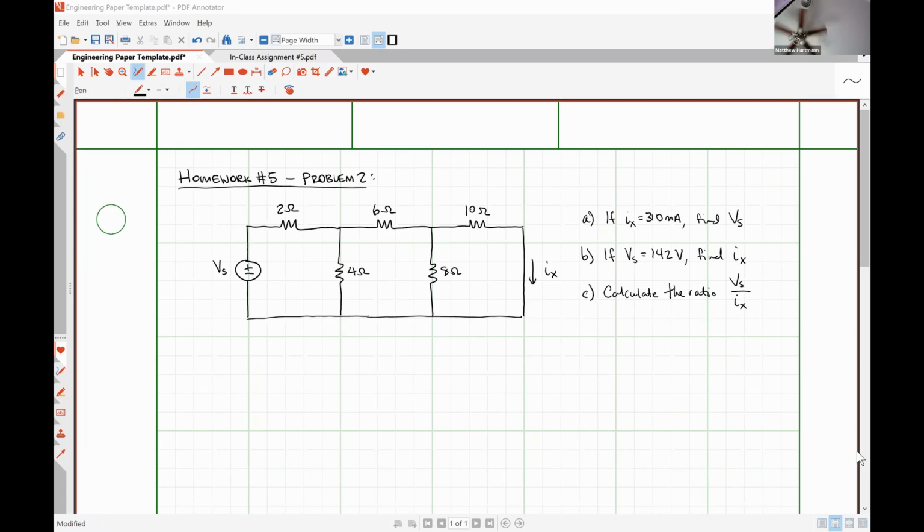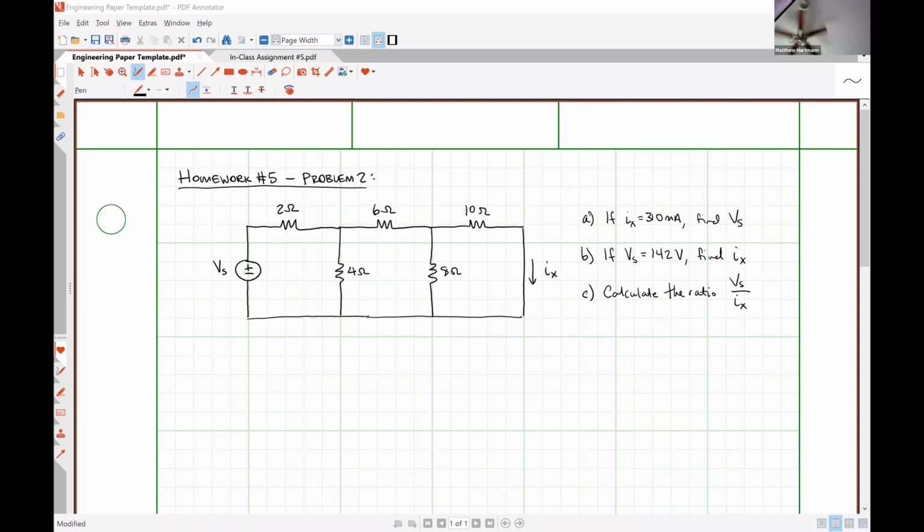In part B, we are told if Vs has a particular value, to find the value of Ix, and then in part C, to calculate the ratio of Vs over Ix. So let's look at part A. Part A is actually the only part that we're going to do any circuit analysis on. Everything past part A we're going to take care of just using the principles of superposition.